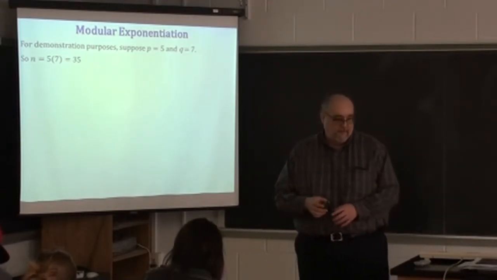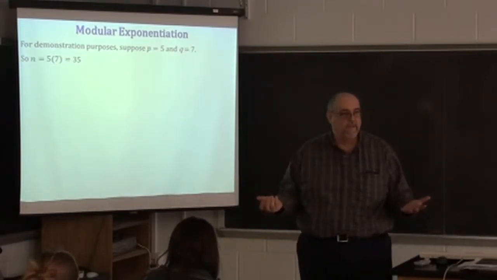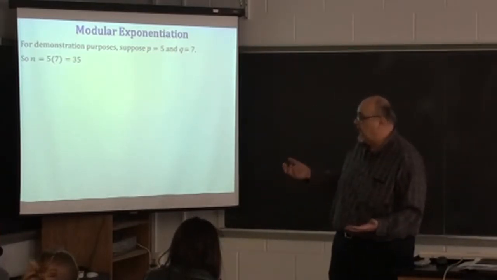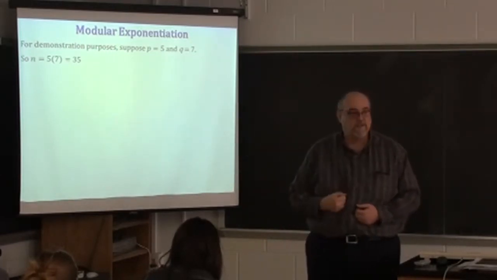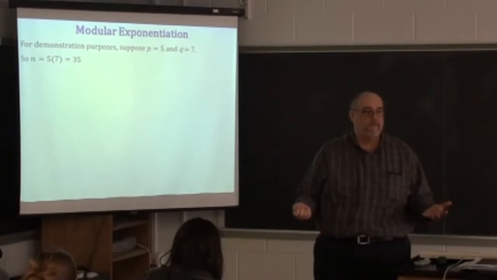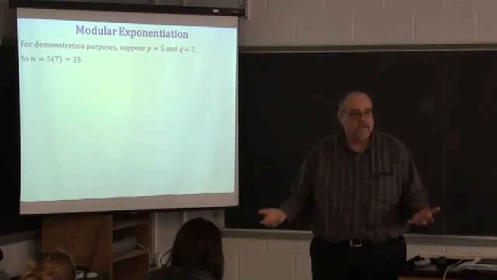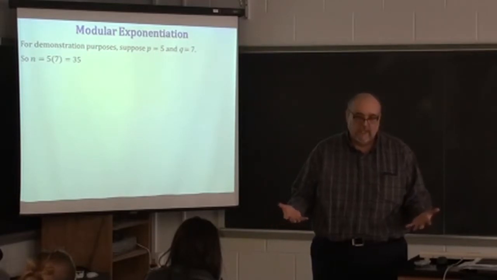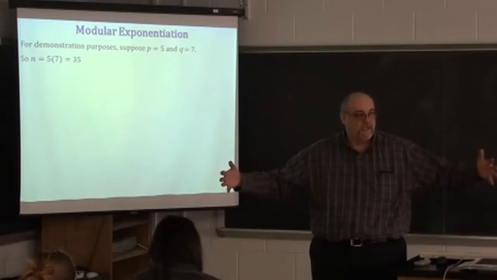Now remember, that n is known. It's a public key. Can you look at that and factor it if you didn't know what was on the screen? If I tell you 35, write it as the product of two primes. Would it take you very long to do that? No. Remember, in real life, we're working with a 400-digit number.